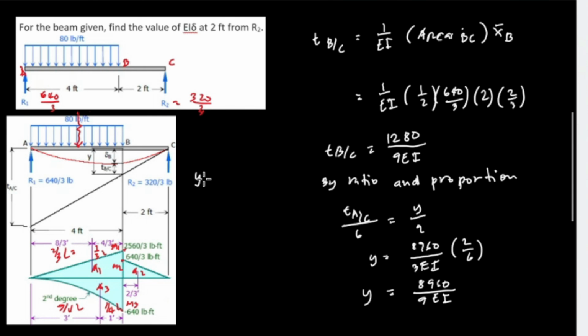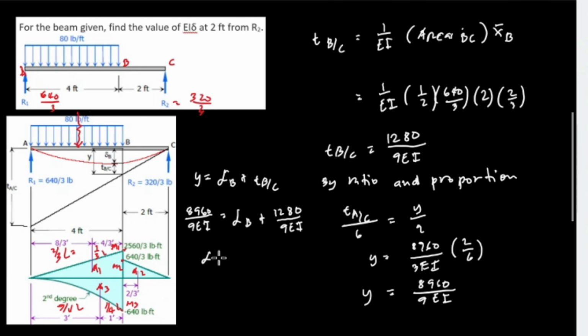So Y, the total distance at point B, is the deflection at B plus the deviation of B to C. And the value for Y, that's 8960 all over 9 EI, is equal to the unknown deflection at B plus T of BC, that's 1280 all over 9 EI.